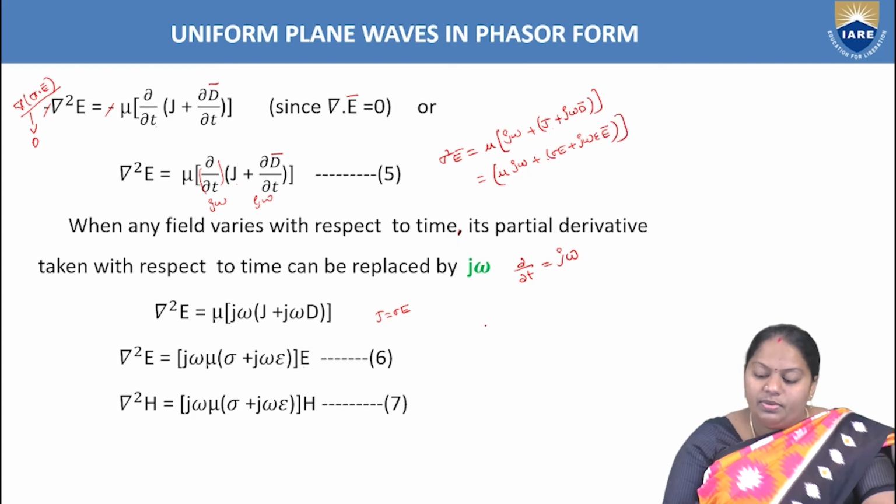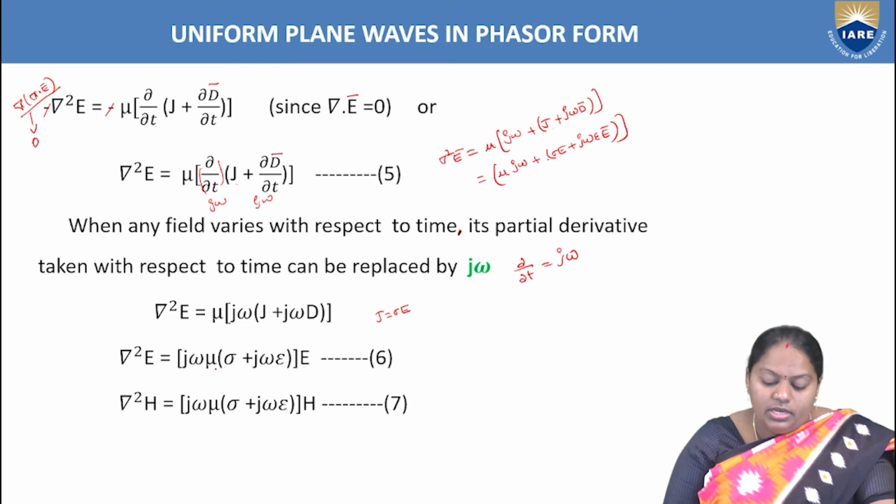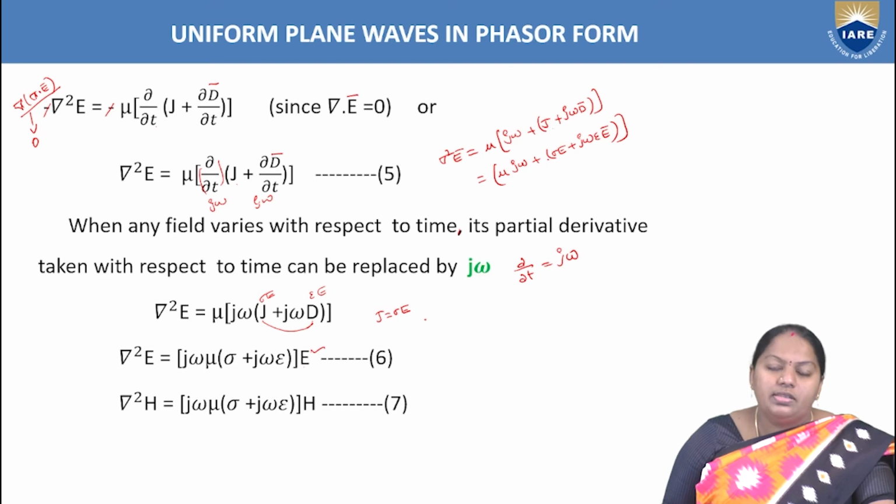If we simplify this equation, we get j omega mu into sigma plus j omega epsilon into E. Between these two, if we substitute J by sigma into E and D bar by epsilon into E, E is common. Hence j omega mu into sigma plus j omega epsilon into E is obtained from the previous analysis.